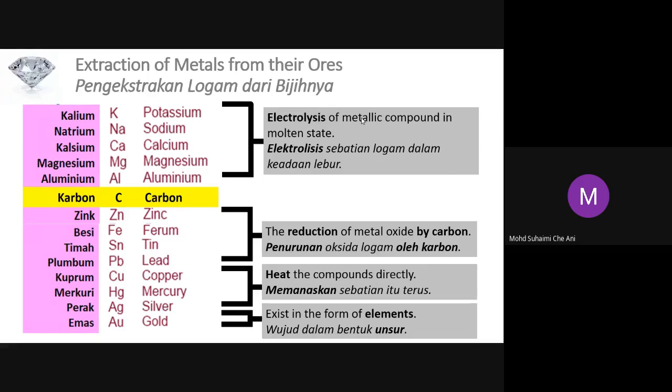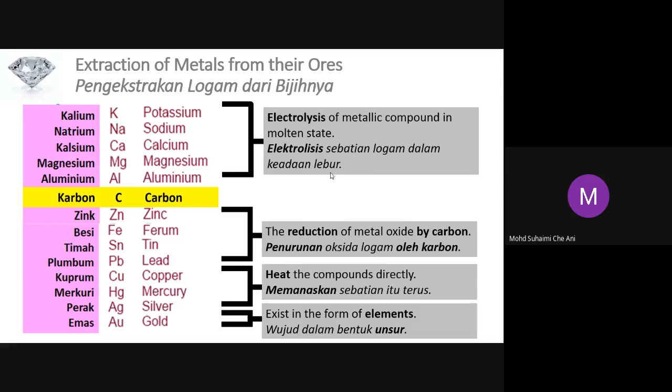Electrolysis breaks down the water into oxygen and hydrogen. It is the same concept applied here. For example, you have aluminium oxide. You heat up the aluminium oxide until it melts, and then you use electrolysis to separate the aluminium and oxygen from the aluminium oxide, because the elements inside aluminium oxide are aluminium and oxygen.